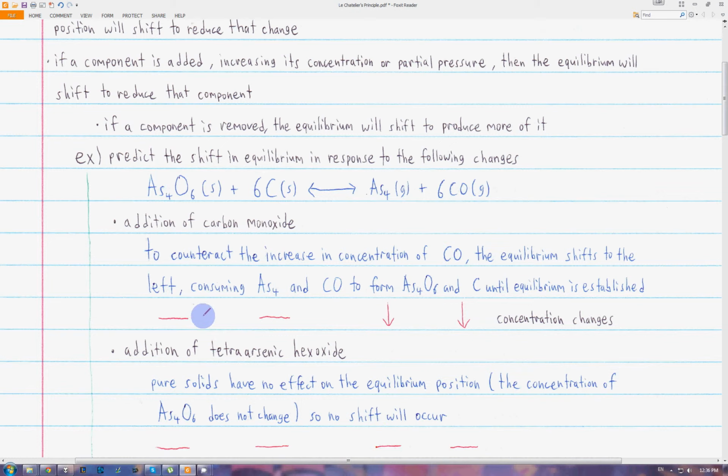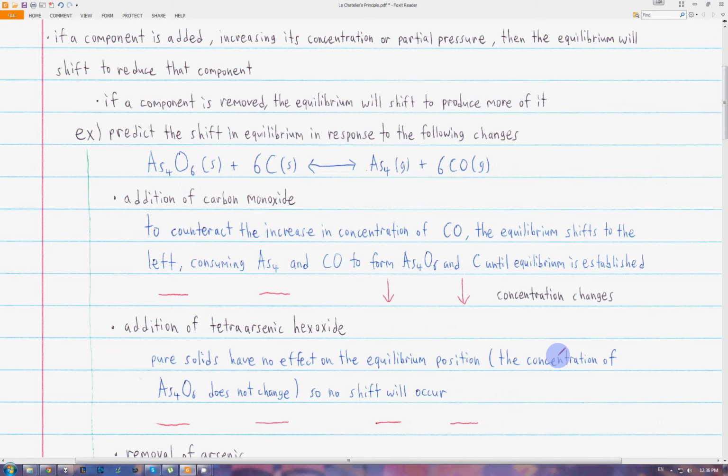If we add tetraarsenic hexoxide, this is a pure solid, and since pure solids have no effect on the equilibrium position, no shift will occur. This is because even if we add more of this, the concentration will remain the same, since it's a solid.